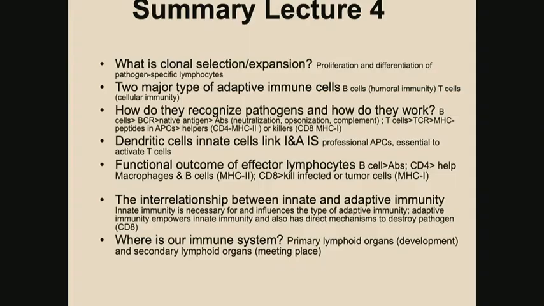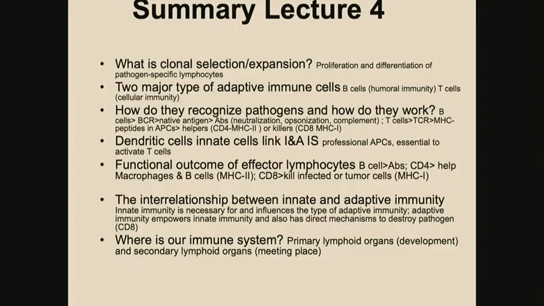When they develop, they leave the bone marrow or the thymus as naive lymphocytes that have billions of different BCRs and TCRs. Each lymphocyte will have one BCR or TCR that will be different from the other lymphocytes, but each of them will have only one type of receptor. Many copies, but one type, okay?